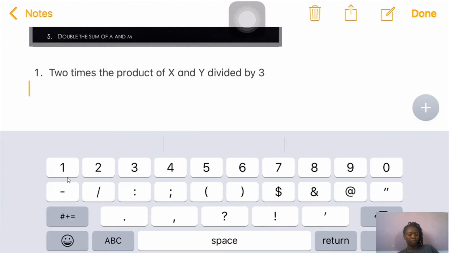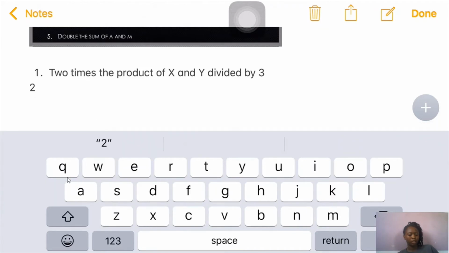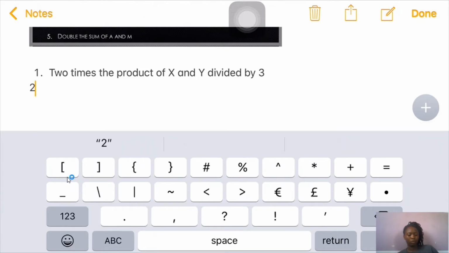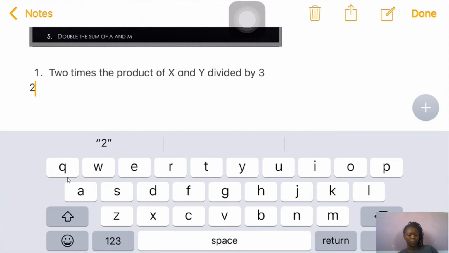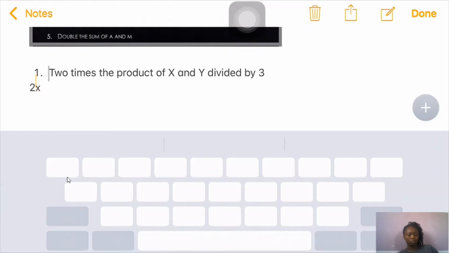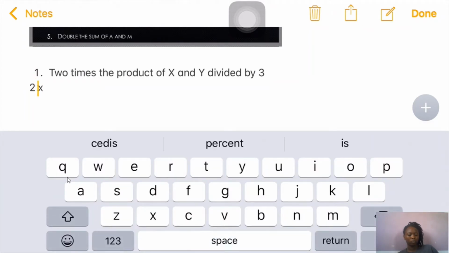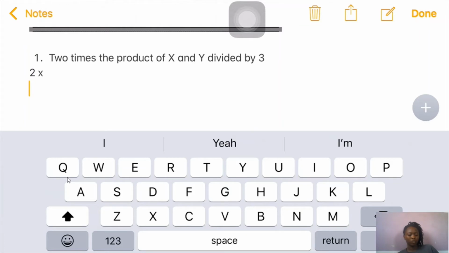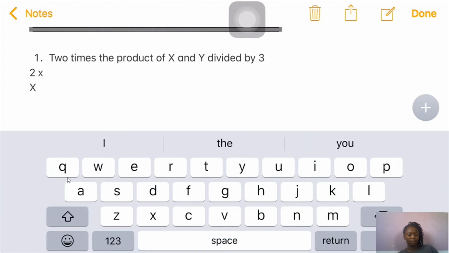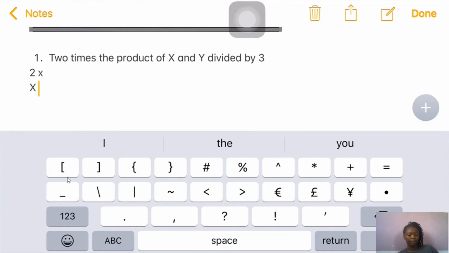So 2 times comes here again. So let's just get our 2 times set, then we'll do the rearrangement. So 2 times the product of x and y. What's the product of x and y? That is x times y, divided by 3.